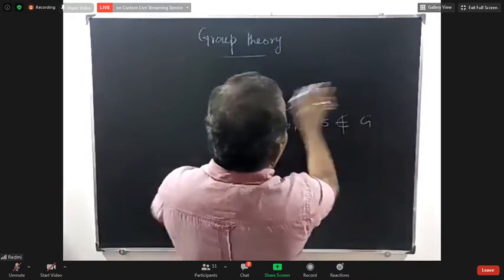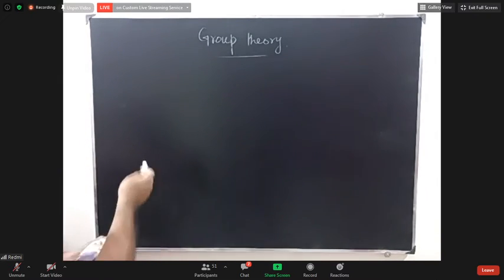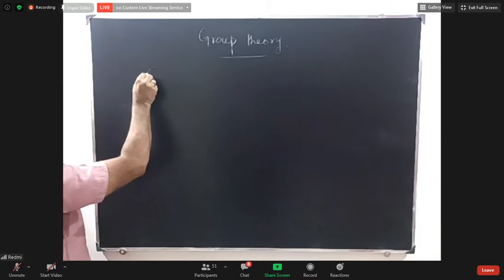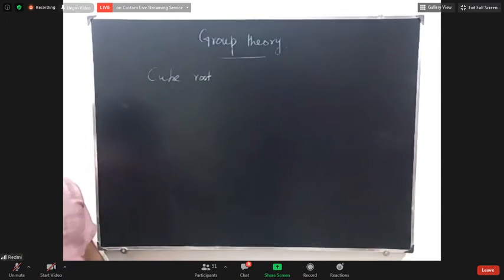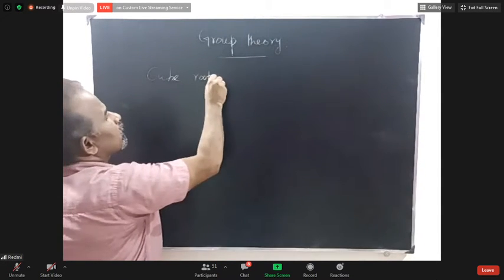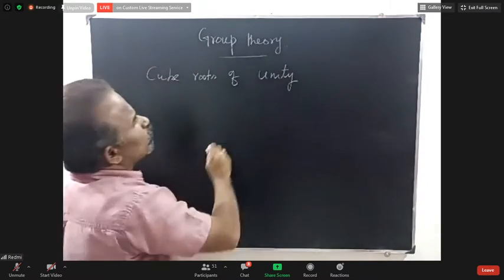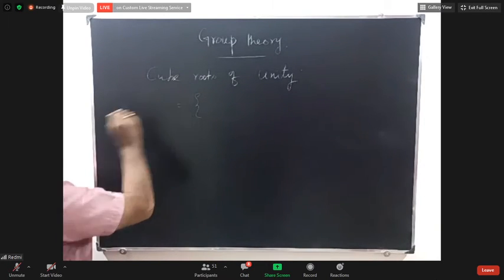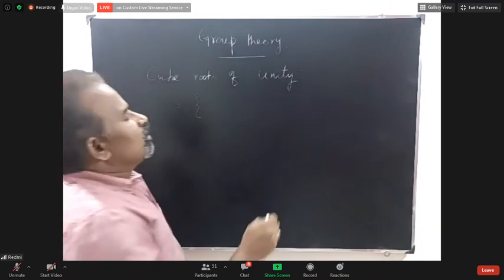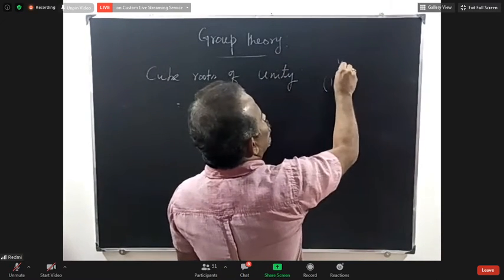Then the cube roots of unity. A set consisting of the cube roots of unity, in the sense the cube root of 1, 1 power 1 by 3.